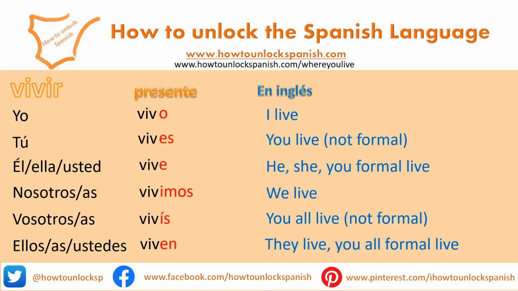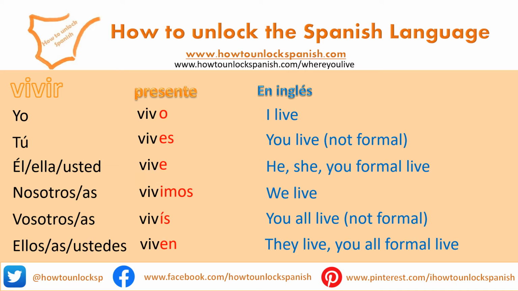So for I live, I use yo vivo. You live, when it's familiar, you say tú vives. He, she, or you formal live, we use él, ella, or usted vive. We live, we say nosotros o nosotras vivimos.